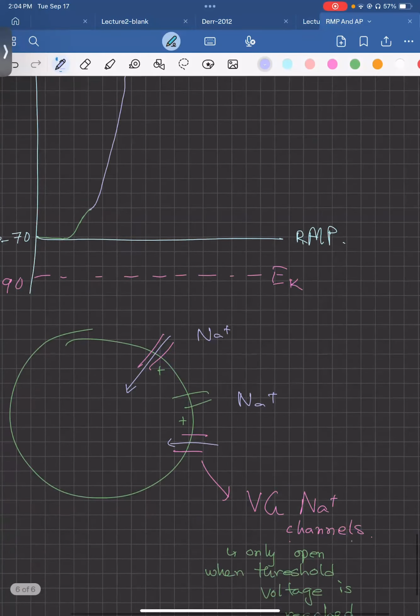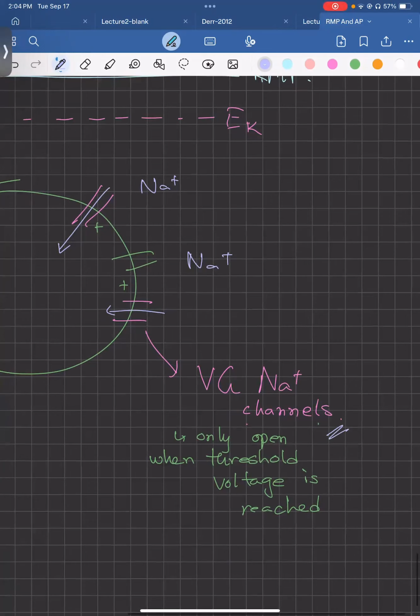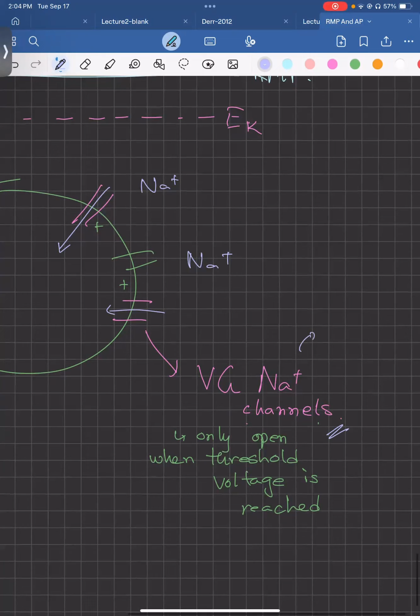There's a special characteristic of these voltage-gated sodium channels. They open at a threshold, which is fine, but they close quickly, because they have two gates, the activation gate and the inactivation gate. The activation gate opens when the threshold is reached.